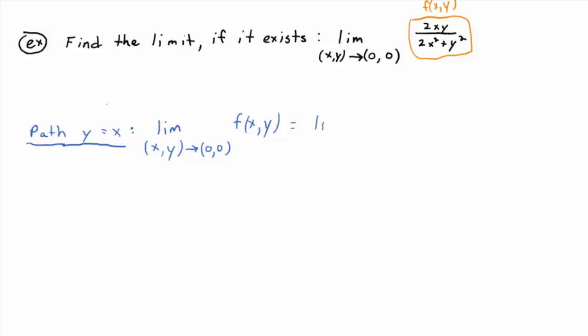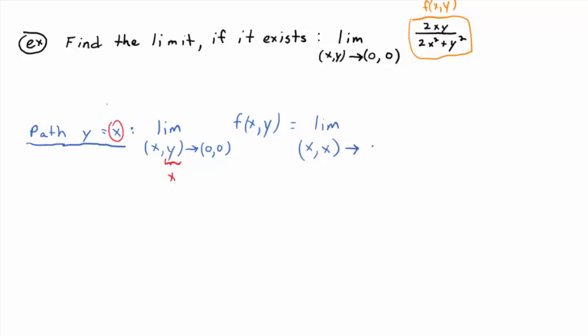We're going to take the limit as, okay, what are we going to replace y with? x. Or I suppose we could replace x with y, but we'll replace y with x. So we're going to take the limit as x is on the line y equals x, is what this is saying. The path is y equals x.